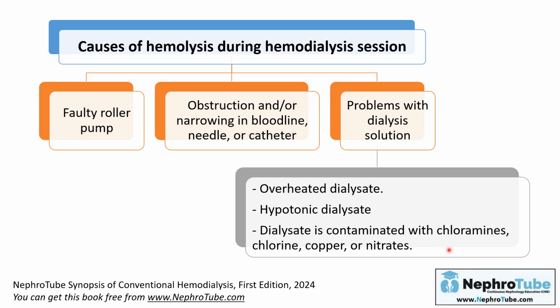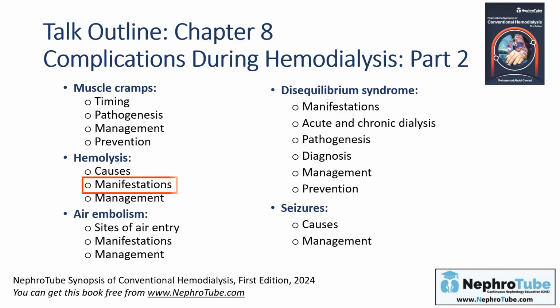But if there is contamination due to chloramine, chlorine, copper, or nitrate, this means that there is a problem in the water treatment unit itself, and this will affect all the patients in the hemodialysis unit at the same time, and this will be a disaster. That's why it is important to maintain the quality of the water treatment unit as we mentioned before.